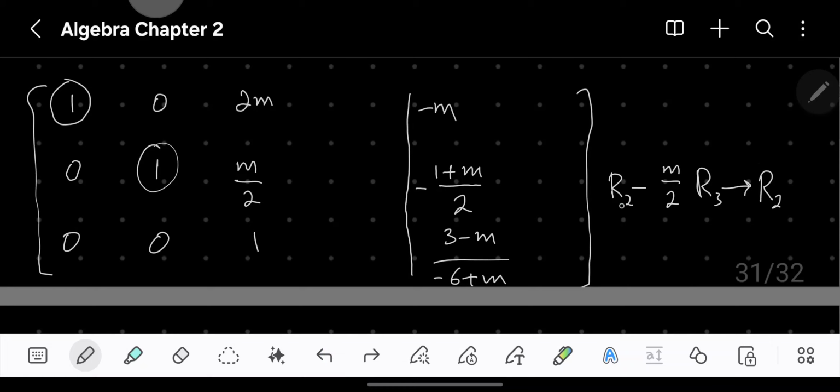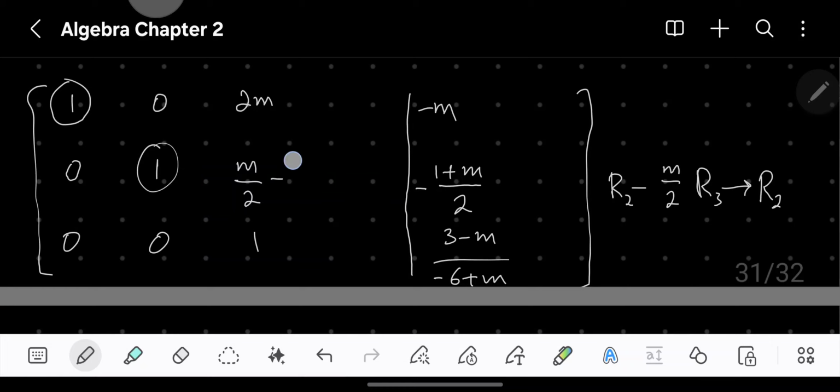First of all, I will write R2 everywhere. Okay, then I will write minus m by 2 times R3. Minus m by 2 times R3 is 0, so I will not write here. Similarly here, minus m by 2 times R3 is 0, so I will not write here.